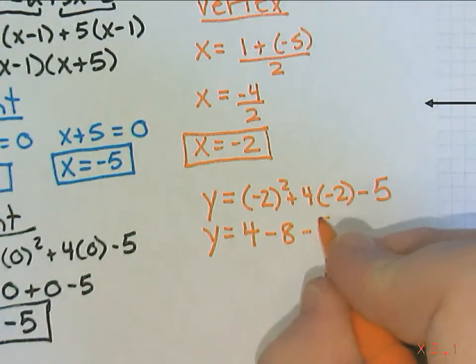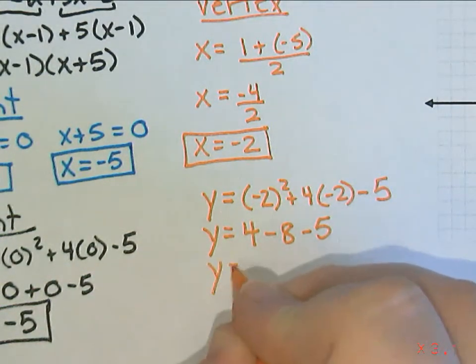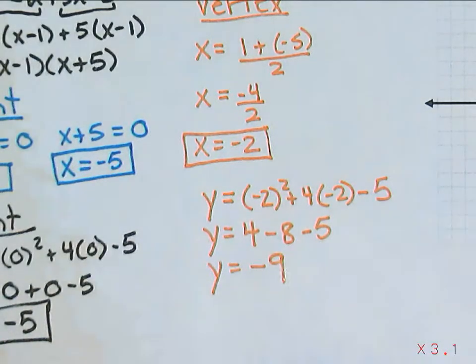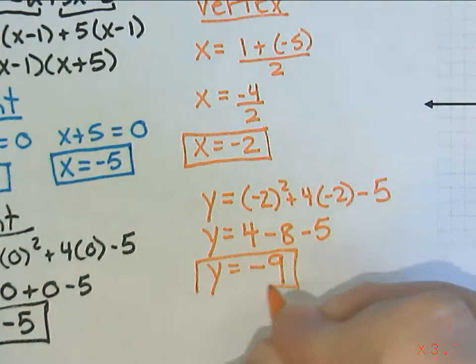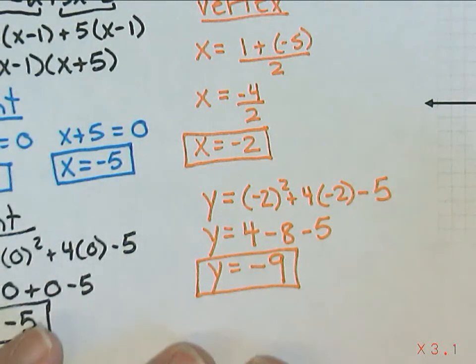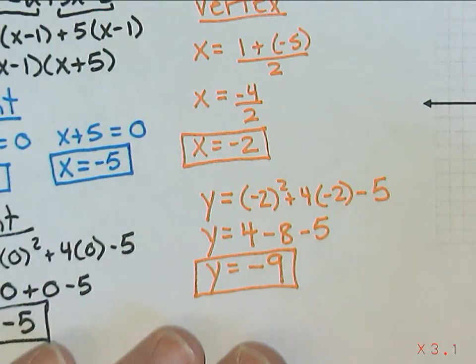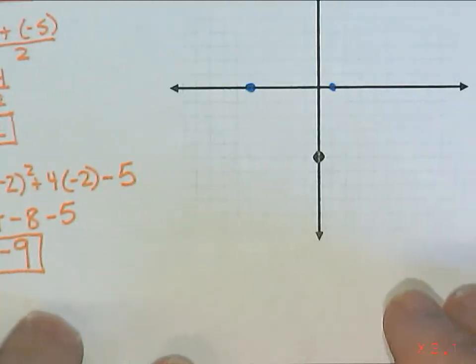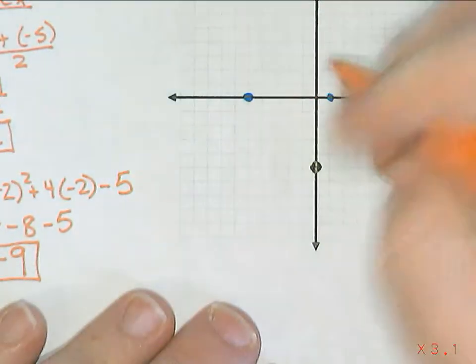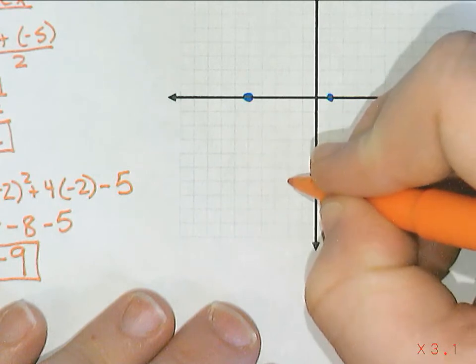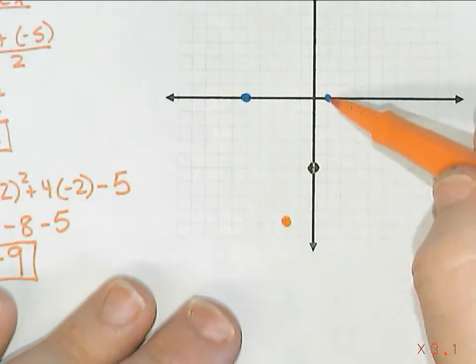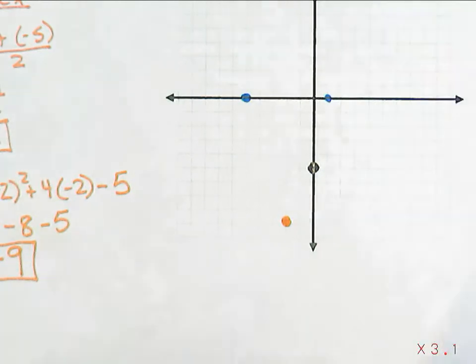And negative 5 is negative 5. So that's going to give me negative 1 minus 8 is negative 9. So my vertex is going to be at negative 2, negative 9. On my graph, we're going to find negative 2 and then count down to negative 9. And that gives me my x-intercepts, my y-intercept, and my vertex.